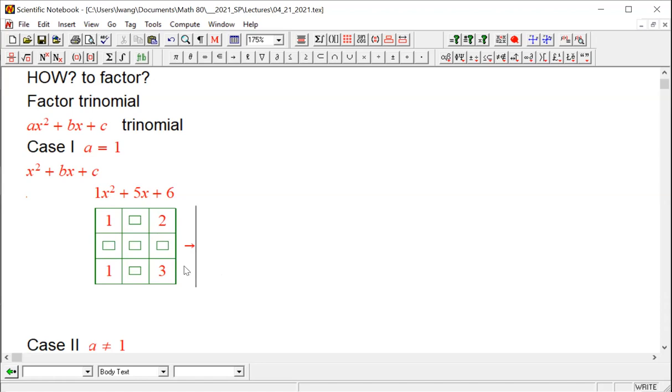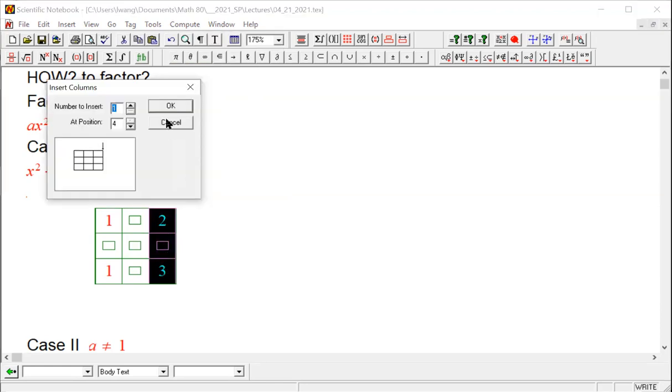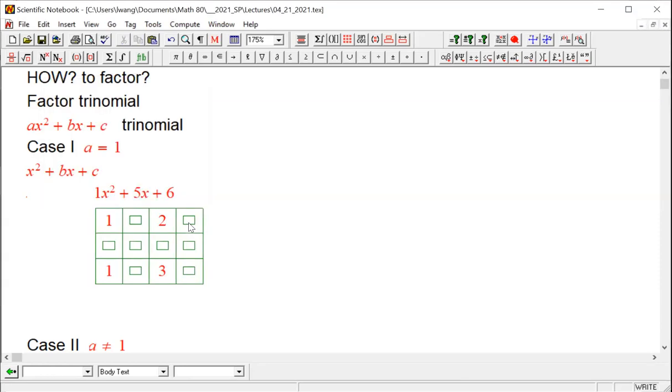What we are going to do next is the cross multiplication. 1 times 2. So let me do it this way. We add a column, and this cross product, 1 times 2, if I can insert an arrow, right?